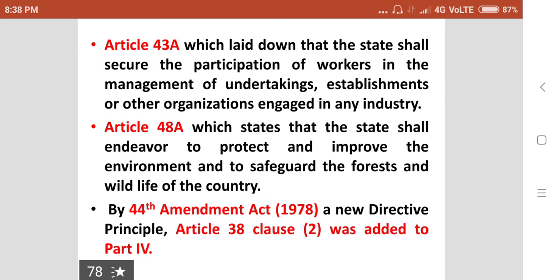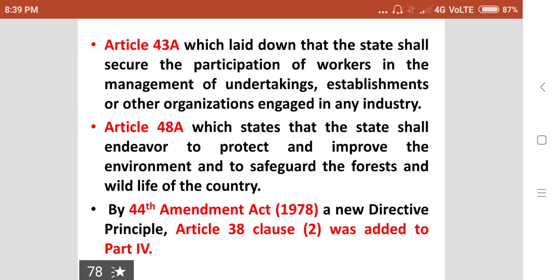Article 43A, which laid down that the state shall secure the participation of workers in the management of undertakings, establishments, or other organizations engaged in any industry.